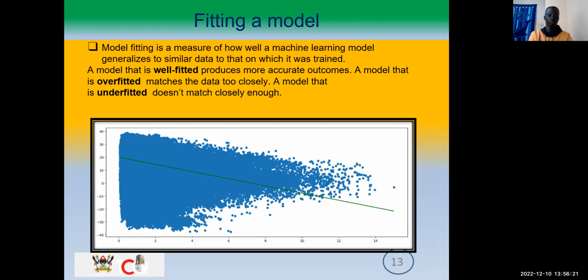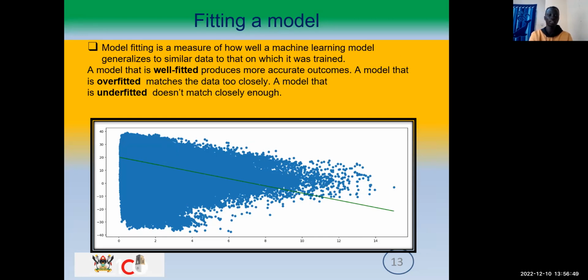Model fitting. Model fitting is a measure of how well a machine learning model generalizes to data similar to that on which it was trained. Based on this, there are three categories: well-fitted, overfitted, and underfitted. We say that well-fitted produces more accurate outcomes.